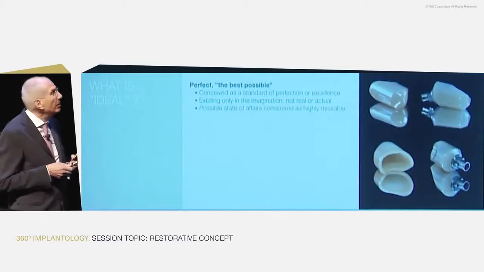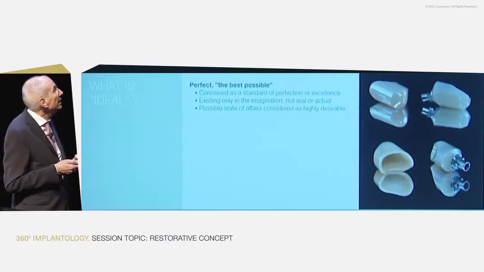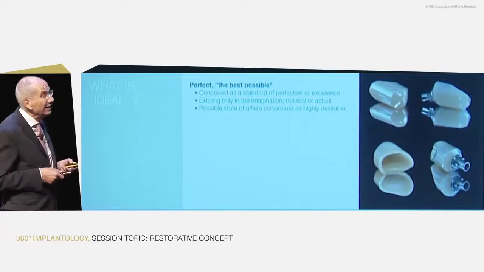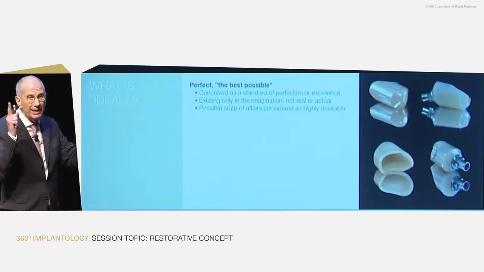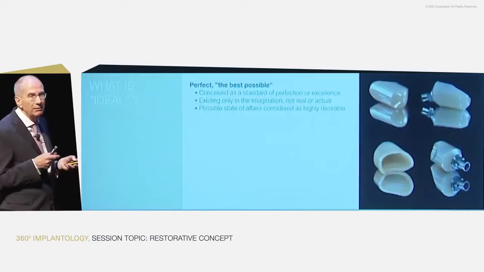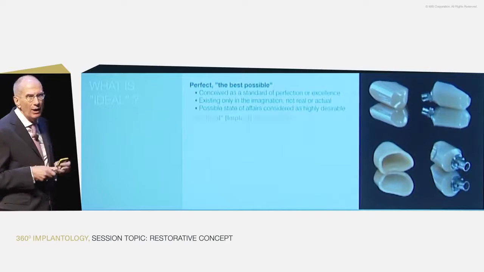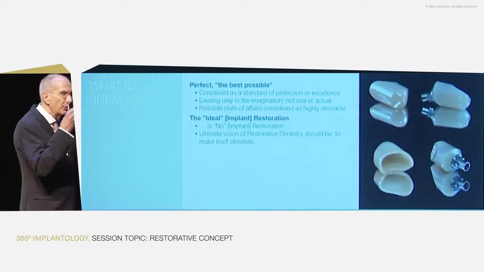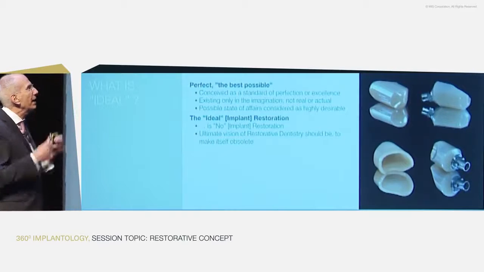Perfect or ideal: does it mean the best possible that we can achieve, or can it only be something that is highly desirable but we can never reach? So ideal is something that is not defined very well scientifically, but is something that we want to have as an aim and to reach.